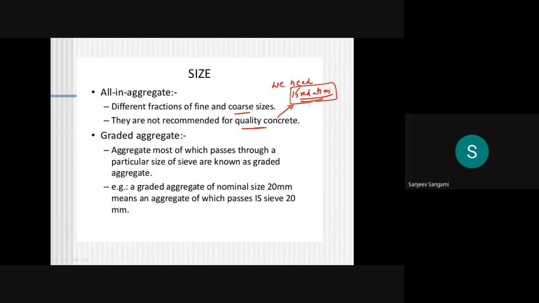When it comes to graded aggregate, it is aggregate most of which passes through a particular size sieve. So graded aggregate of nominal size 20 means the aggregate passes the IS sieve of 20. This you have to remember, that it is passing through 20.